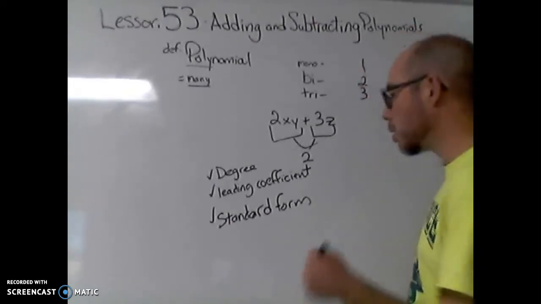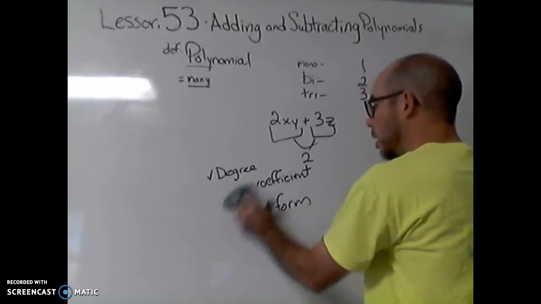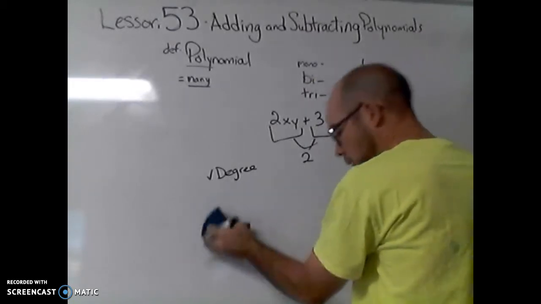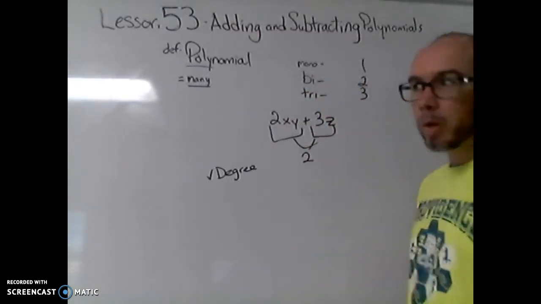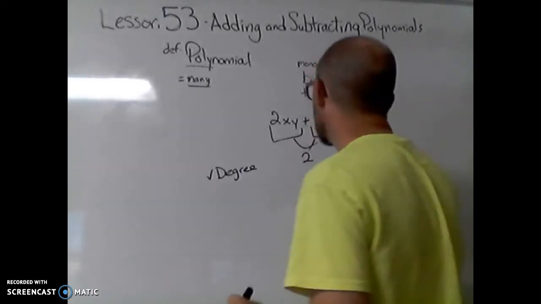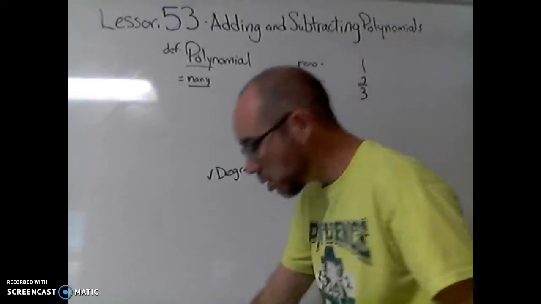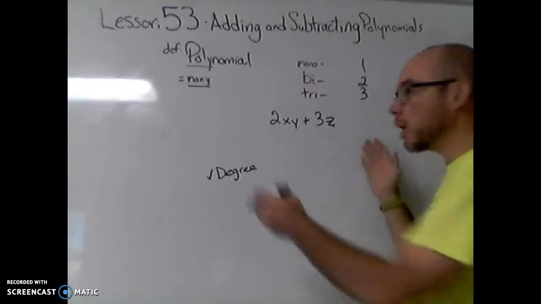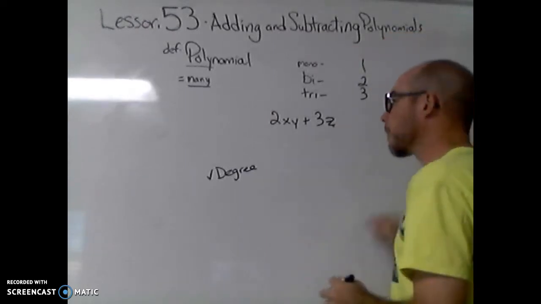The different thing here with talking about degrees is that there's going to be more than one term, okay? More than one monomial in an expression like 2xy plus 3z. So how do you know what the degree is of the whole thing? Because this is all considered to be one thing.